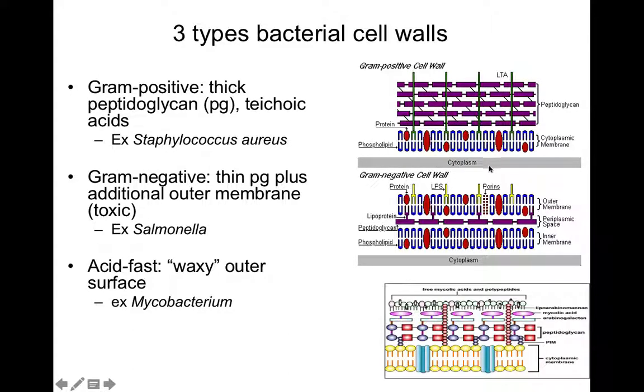So here we see a cross-section through a gram-positive bacterial cell wall, and to get you oriented here, this would be the cell membrane, the cytoplasmic membrane. The cytoplasm is inside the cell, so the cell wall is going to be outside the cell membrane, this portion here. And what we see in gram-positive cell walls is a thick layer, multiple layers of peptidoglycan.